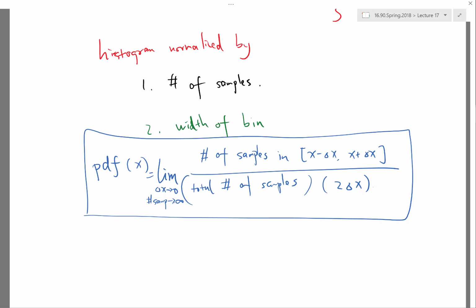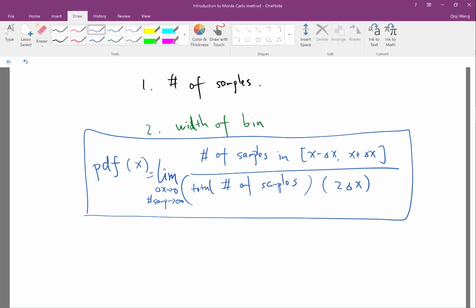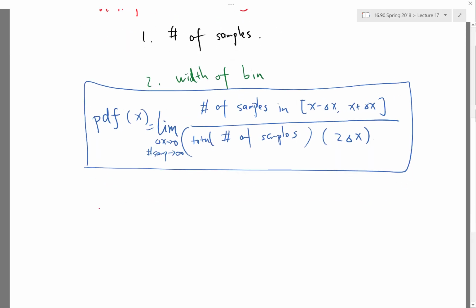Cumulative. Well, if you have learned something like this in your previous statistics class, which some of you may have, right? So who have already studied the PDF and CDFs previously? So all of you have. So it's actually the derivative of the CDF, the cumulative distribution function. So the CDF of x is actually the limit of number of samples goes to infinity.